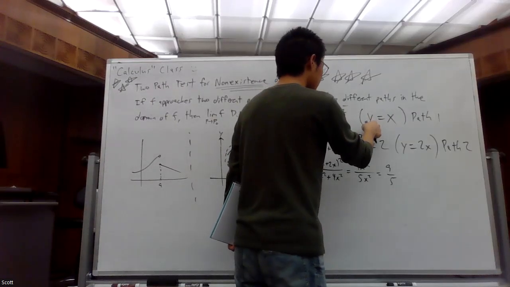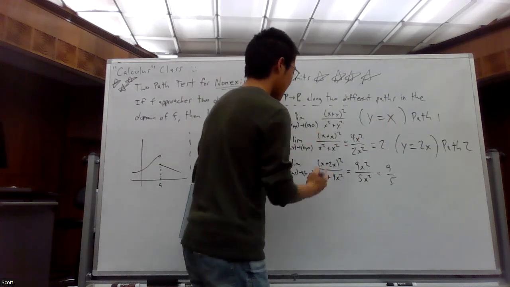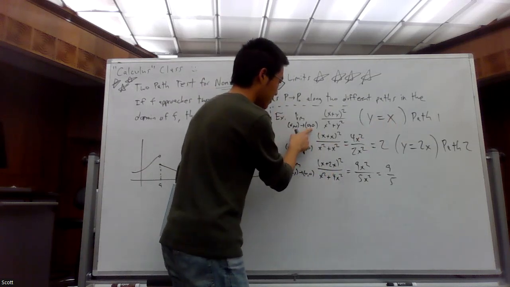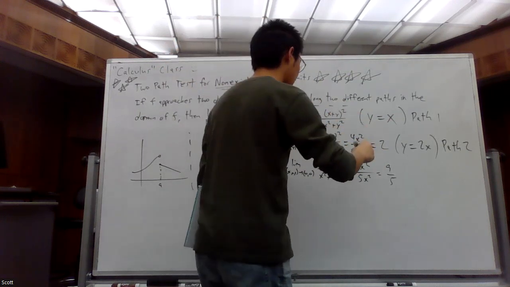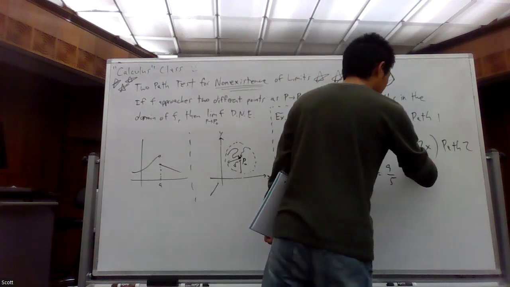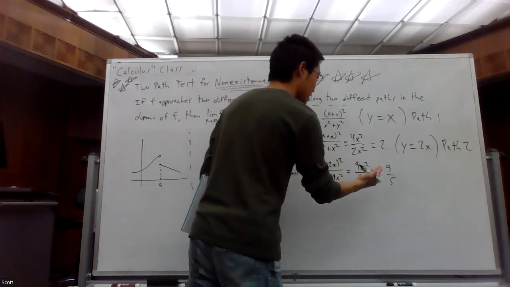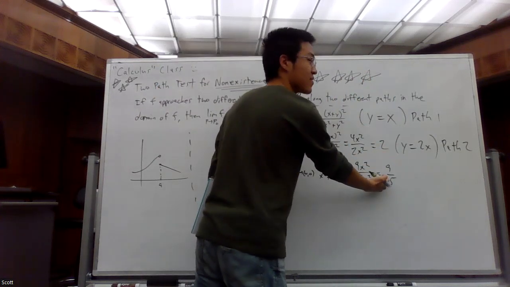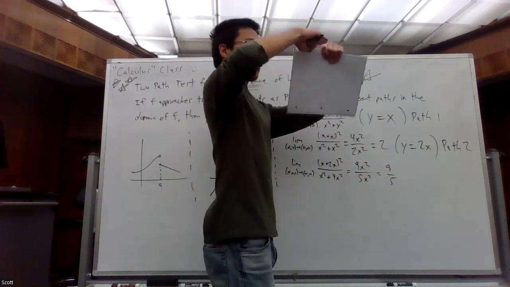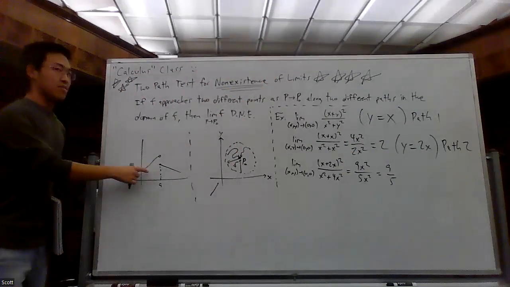But say I'm going along this y equals x path, getting up to my point, and I'm approaching the surface value of 2. And then I go on a steeper path, somewhere else. But riding on that pathway is getting me to 9/5. Your surface is doing two different things right at that point, which means that your limit doesn't exist.